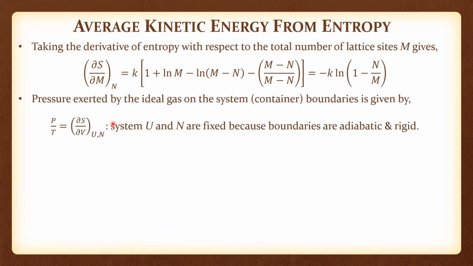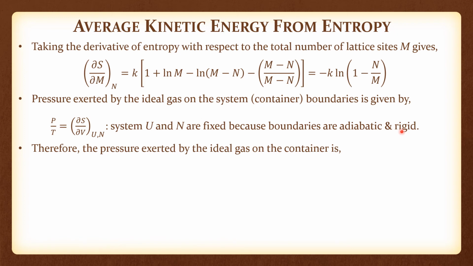Now we know from the thermodynamic perspective that the pressure exerted by the ideal gas on the container boundaries is given by P by T equals ∂S/∂V at constant U and N. Of course U and N are fixed because the boundaries are both adiabatic and rigid. There is no exchange of energy with any surroundings by heat transfer, and the boundaries are rigid.